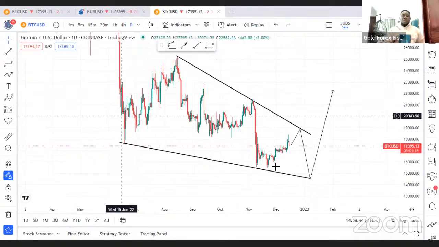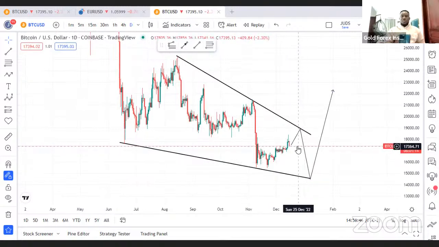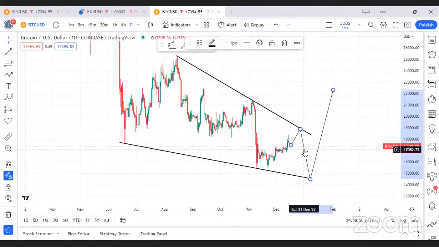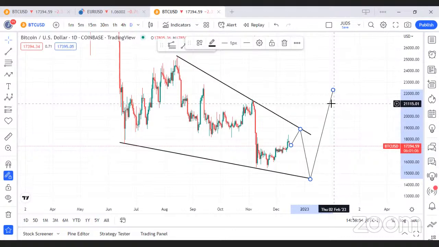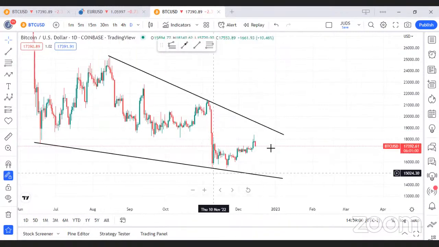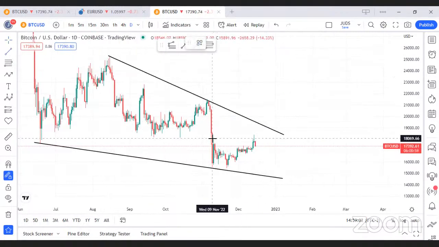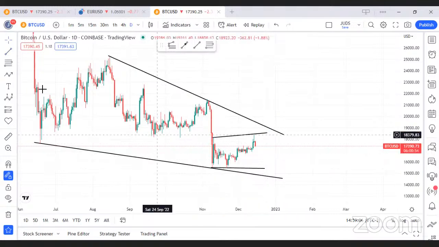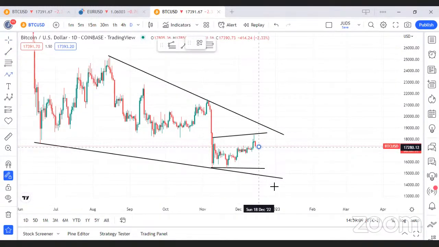By the way, the way the dollar is looking, you're also having an ending diagonal on the dollar. That means short term, we are expecting some bullish moves on dollar. So that has changed my perspective into seeing this thing as some kind of flat, and then we come down straight from here.